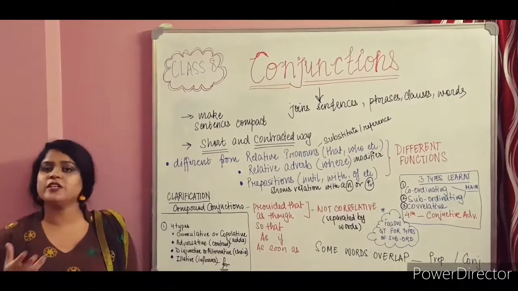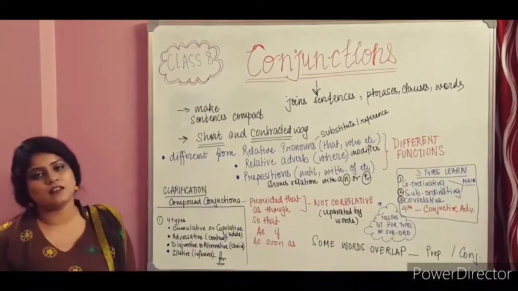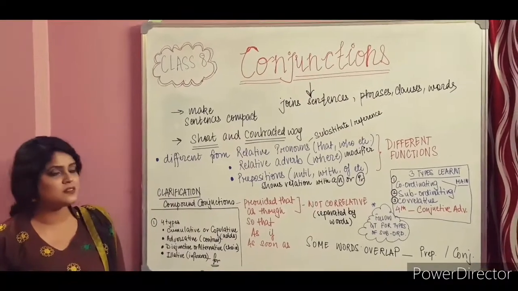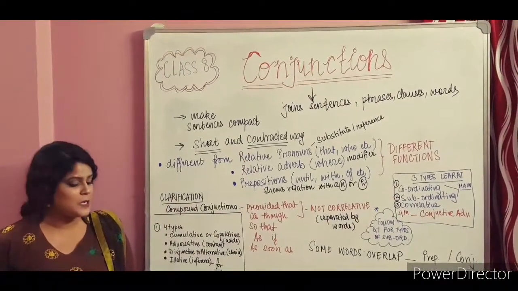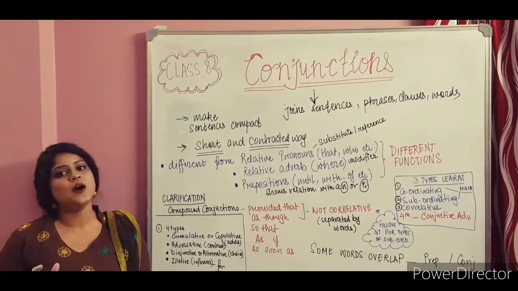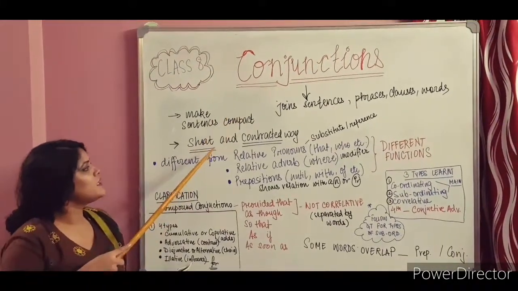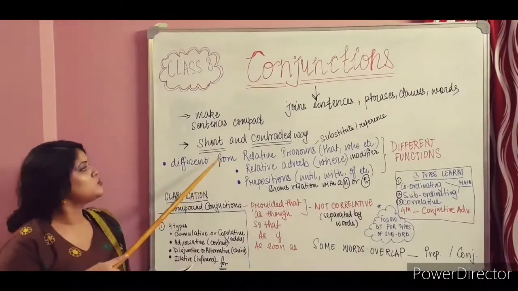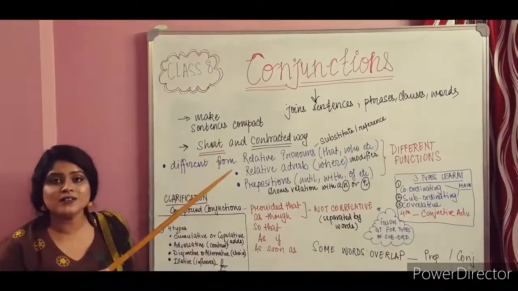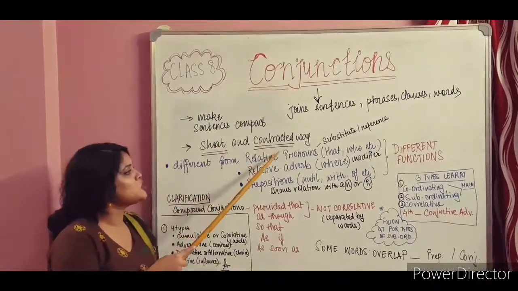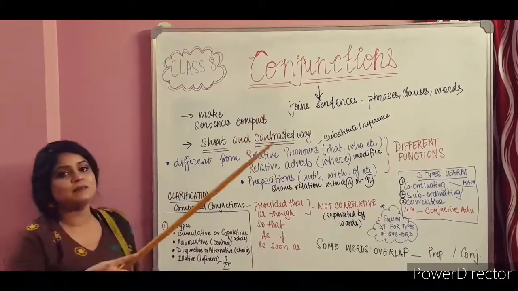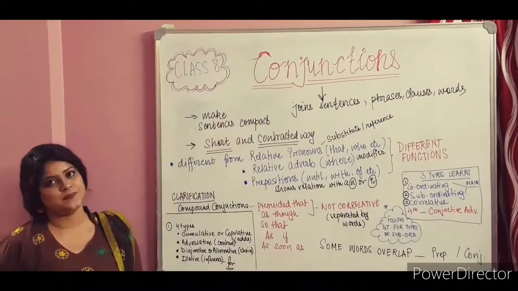So we actually mean the man himself. So we can just use, in a contracted manner, the man is poor but honest. So conjunctions enable you to say the longer sentence in a short and contracted way by making it compact.